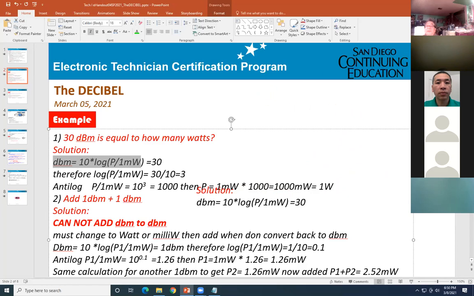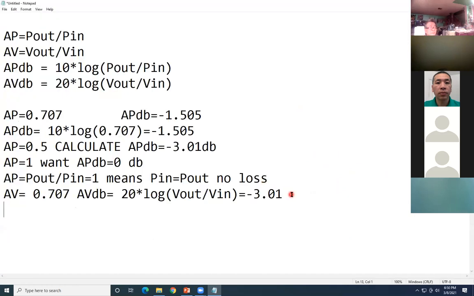Otherwise, I want you to do one for me. dBm equal 10, converted to watt or milliwatt.